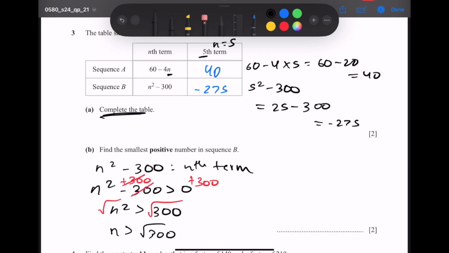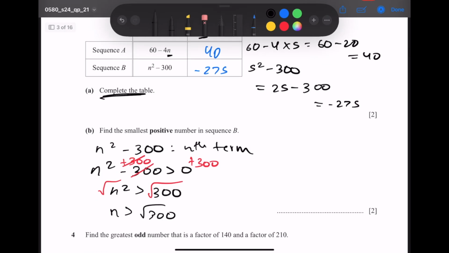So n can be 1, 2, 3, and so forth, to show that this is the first term, second term, third term, and so forth. So if n is bigger than the root of 300, this means that n is approximately greater than 17.32.